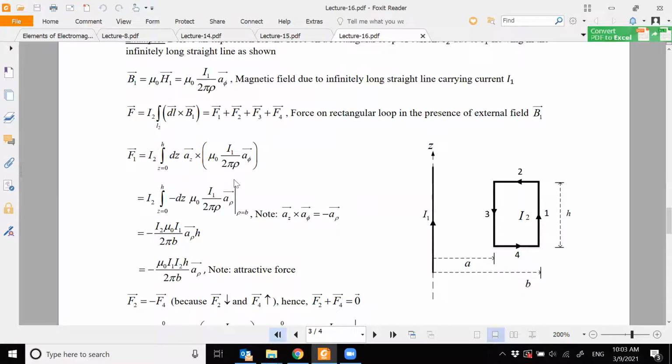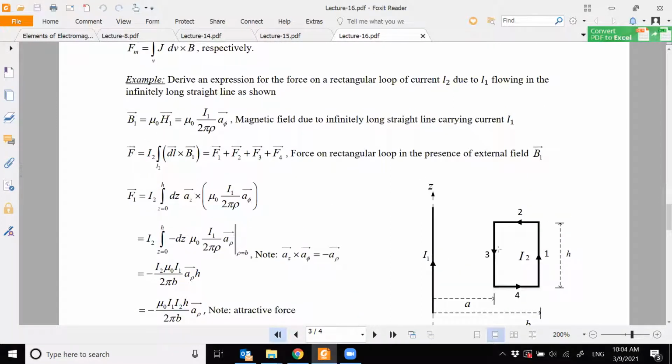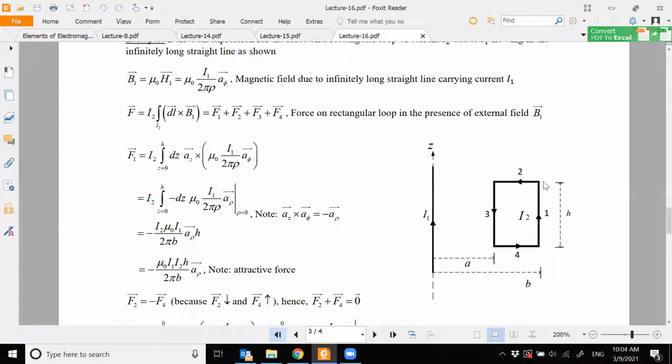This is that external magnetic field B1 for this current loop. Then we found the magnetic force exerted on each of these small current lines, 1, 2, 3, 4, forming the loop.